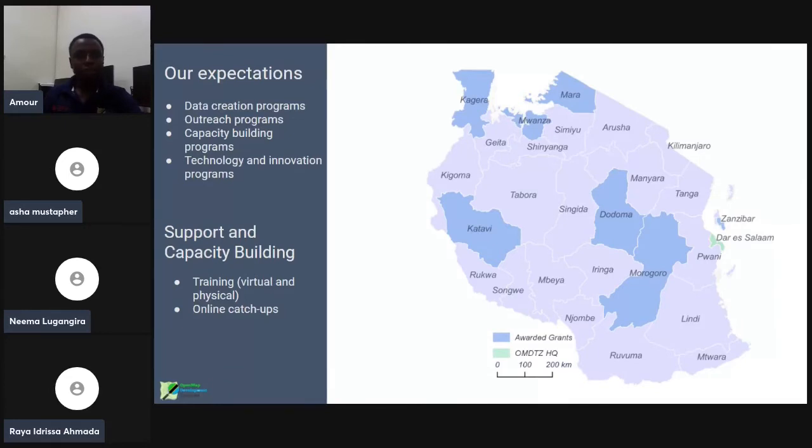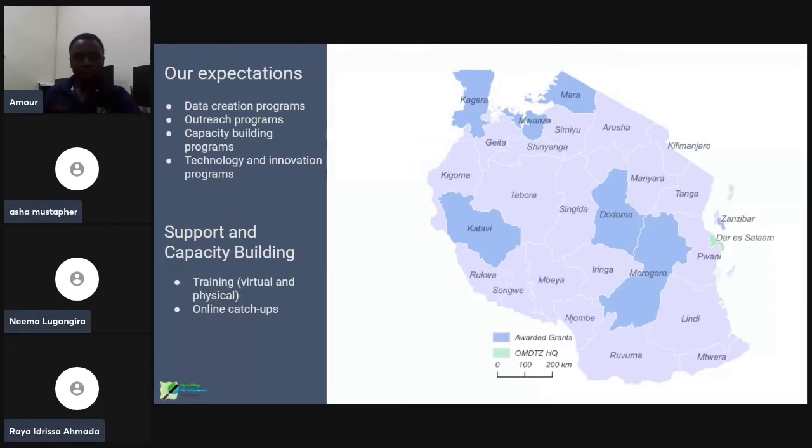That is also another thing we were expecting from these communities: capacity building for the different people they will be collaborating with, and also technology and innovation. This is also a good potential part that we are looking forward to from these communities that will be working.